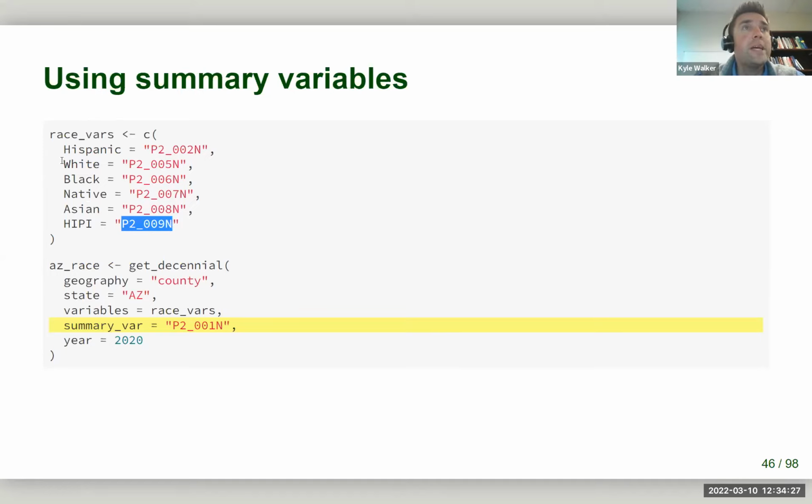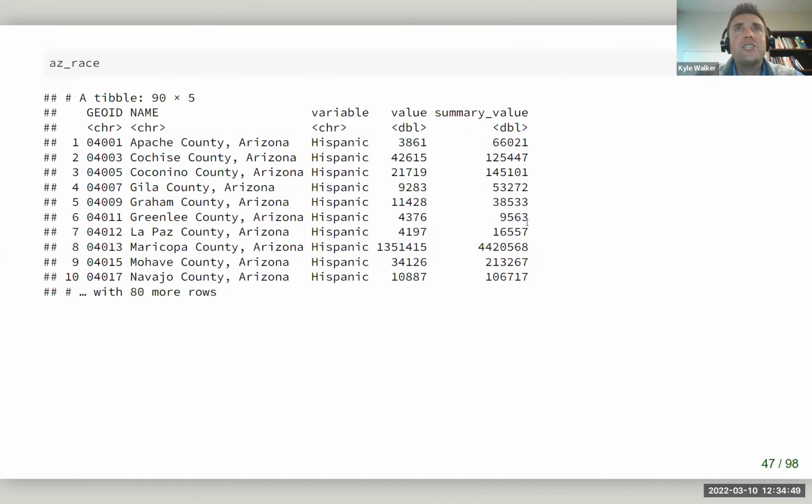And so we can do that and then pass that vector to the variables argument here, but we're using a brand new argument called summary var. What summary var does is it takes in a single variable that we want to use as a denominator. And what it returns is an extra column that's called summary value.